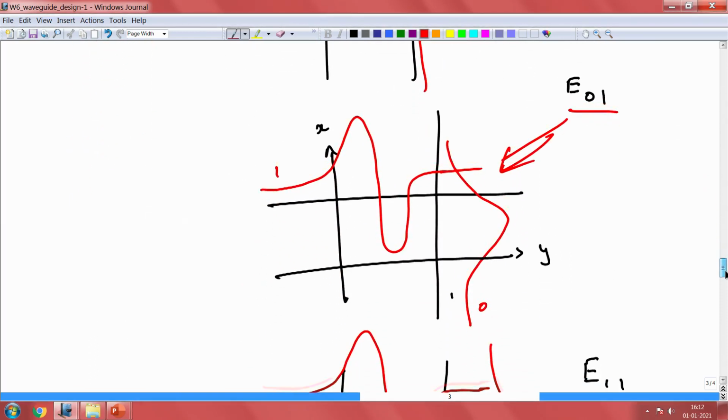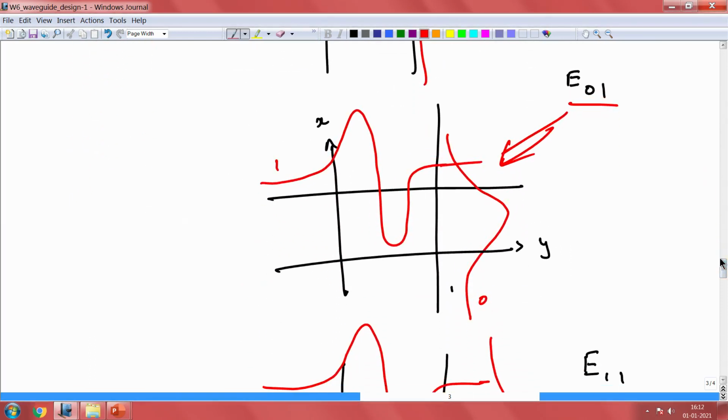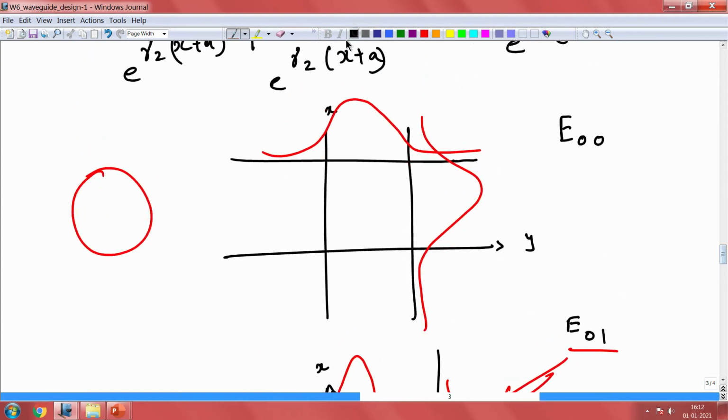But then if you look at 0 1, this is going to be little tricky. Okay. Along x direction, so there is no crossing at all, but then along y direction we see a crossing. So, that means let's put the axes here. So, this is y and x, right.